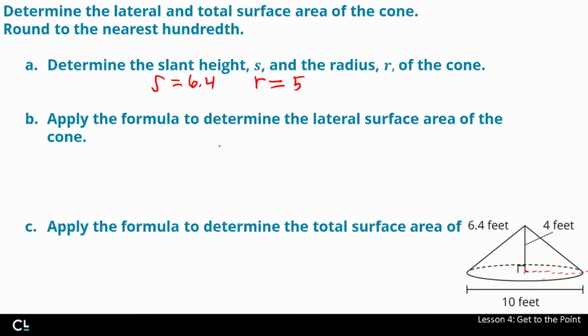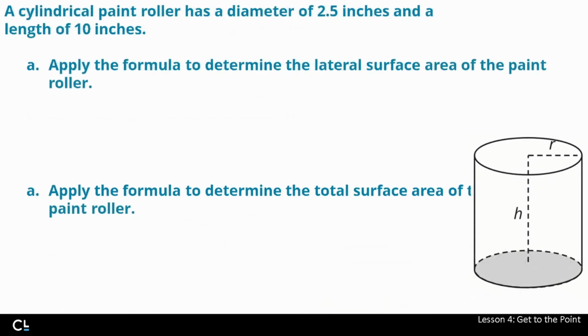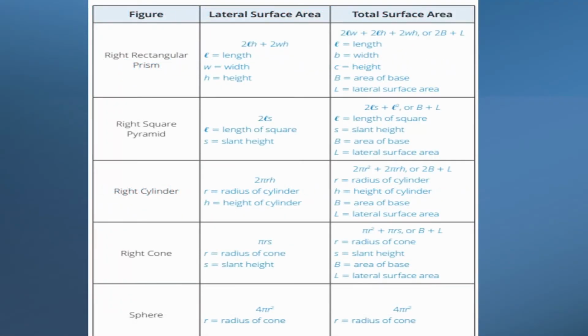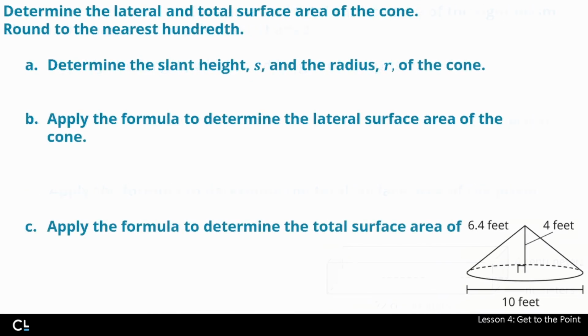Now we could apply the formula to determine the lateral area of the cone. But wait, we need to figure out what that is. So we go back, 2, 3. Do we have cone on this? Yeah, right cone. So our lateral surface area is pi r s. So let's write that. LA equals pi r s. And we could just plug in our information. 3.14 for pi.